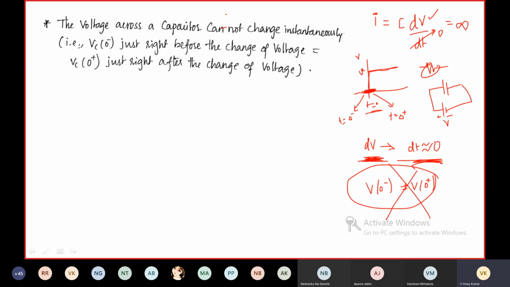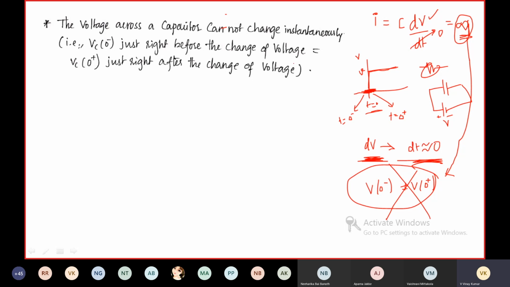Practically this is not possible, because we cannot pass an infinite amount of current to the capacitor. It is impossible, right? We always pass a finite amount of current. So if passing an infinite amount of current is impossible, then V of 0 minus is not equal to V of 0 plus is false.